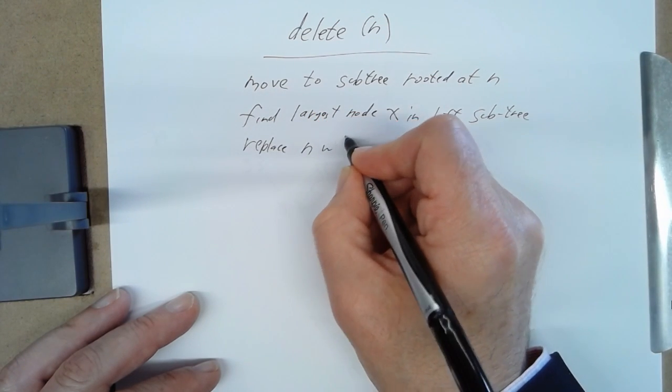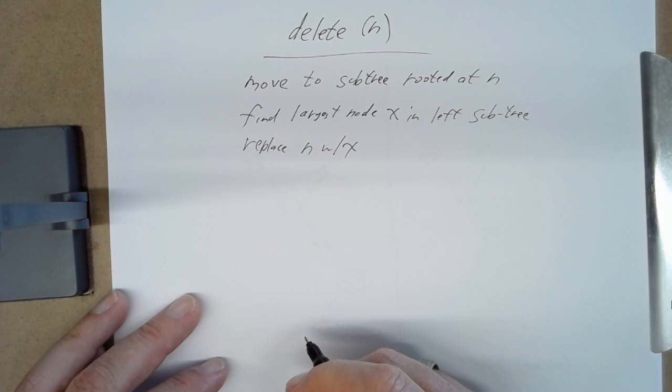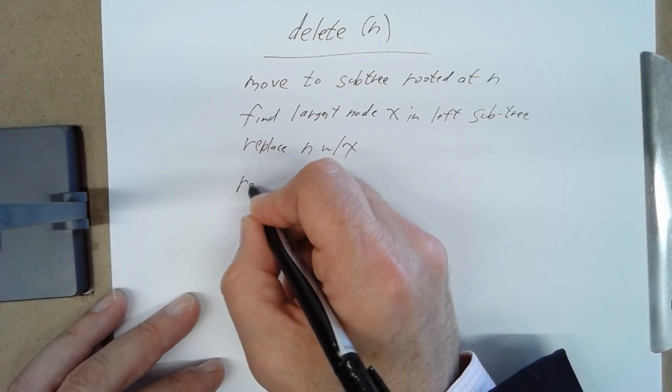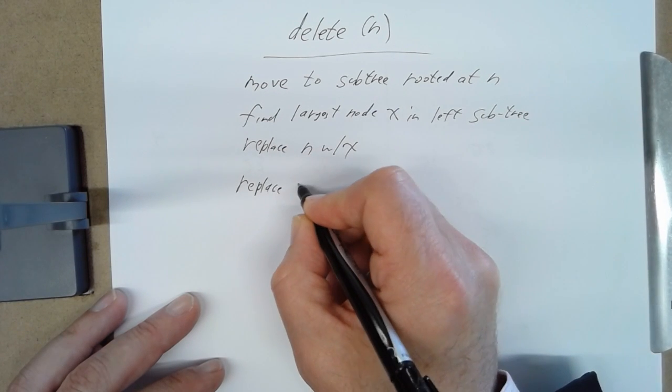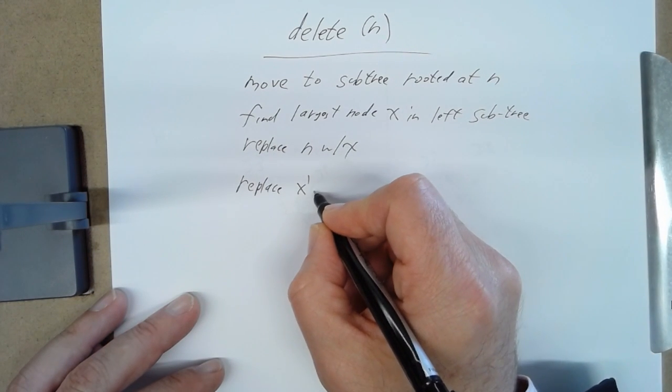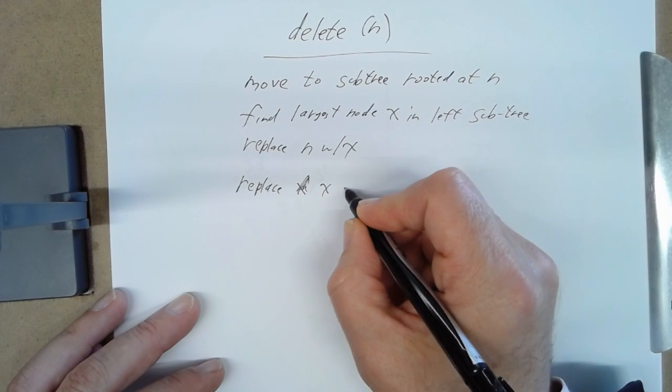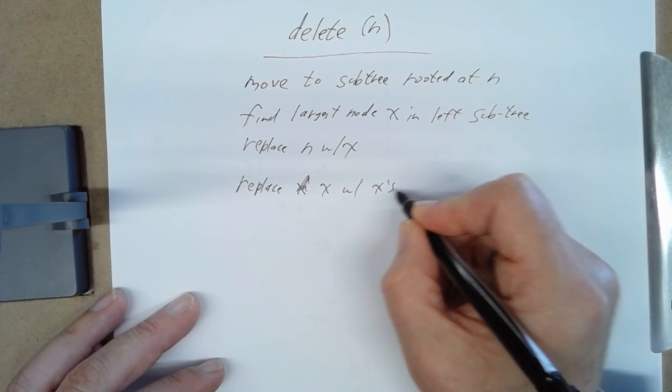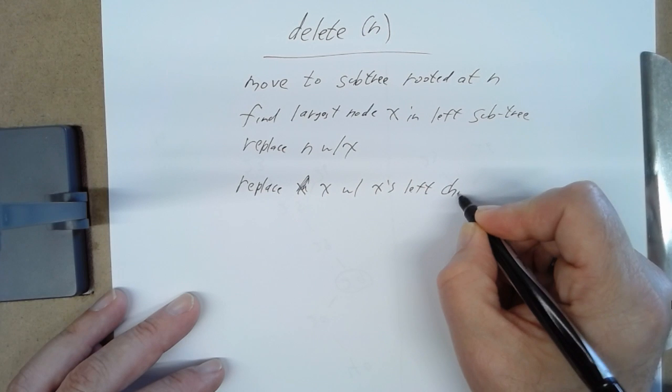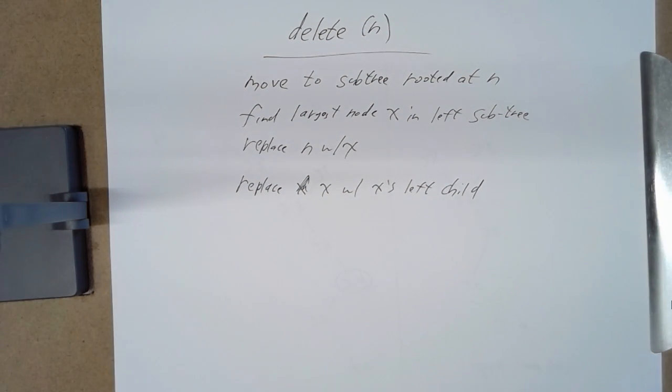Replace n with x and replace x with x's left child. So find the largest node on the left, move that to the root, and in its place, put its left child.